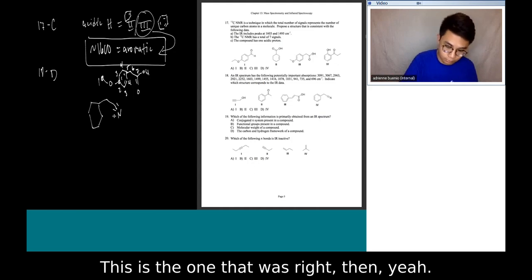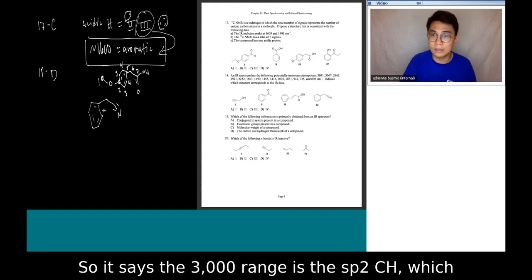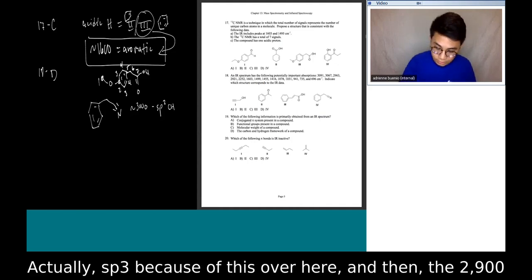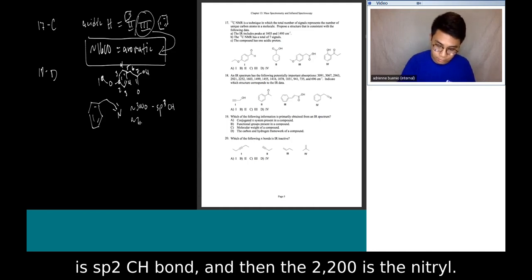Then here, it says the 3000 range is the sp2 CH, which is what we have. Actually sp3 because of this over here. And then the 2900 is the sp3 CH bonds.